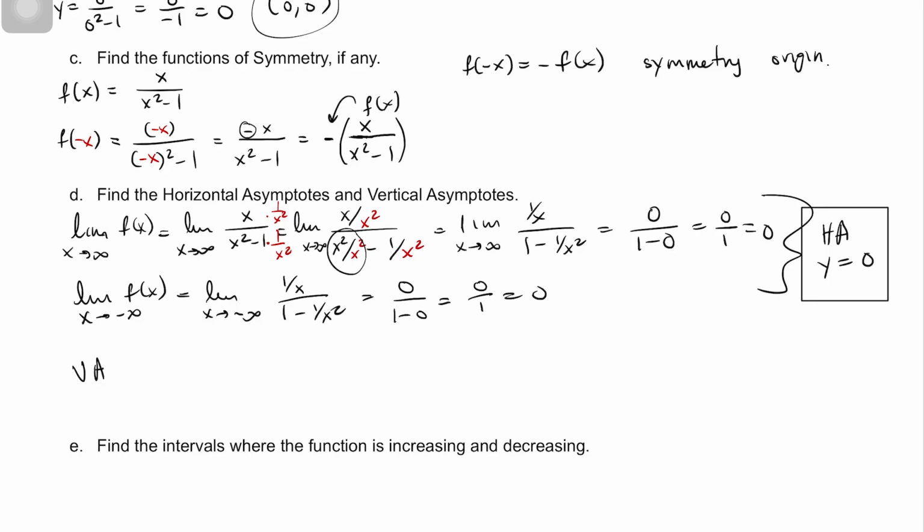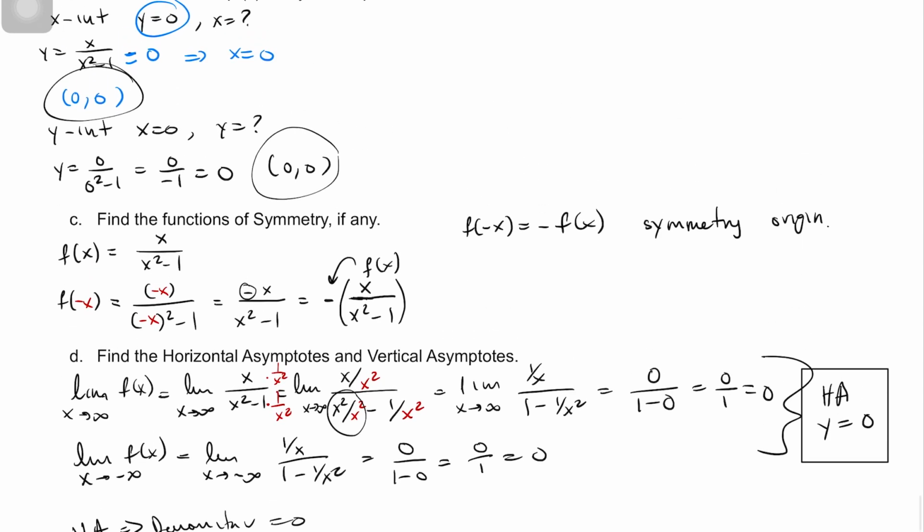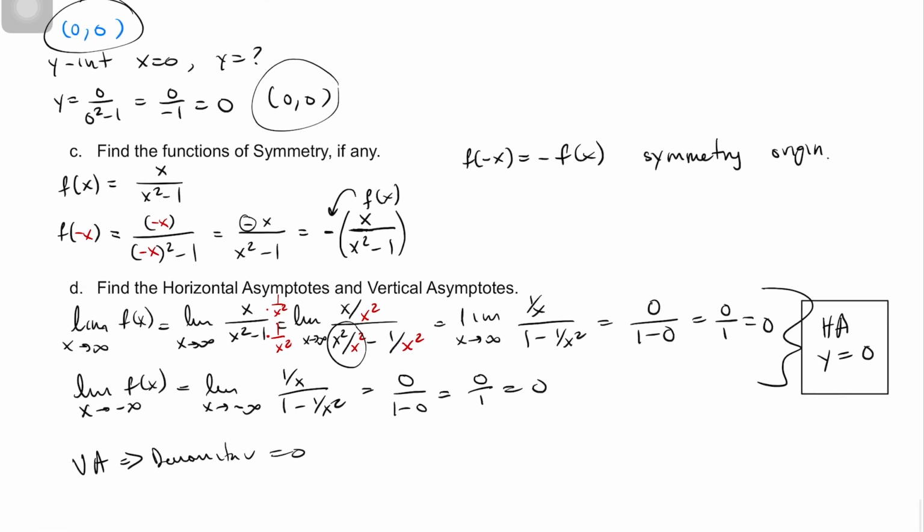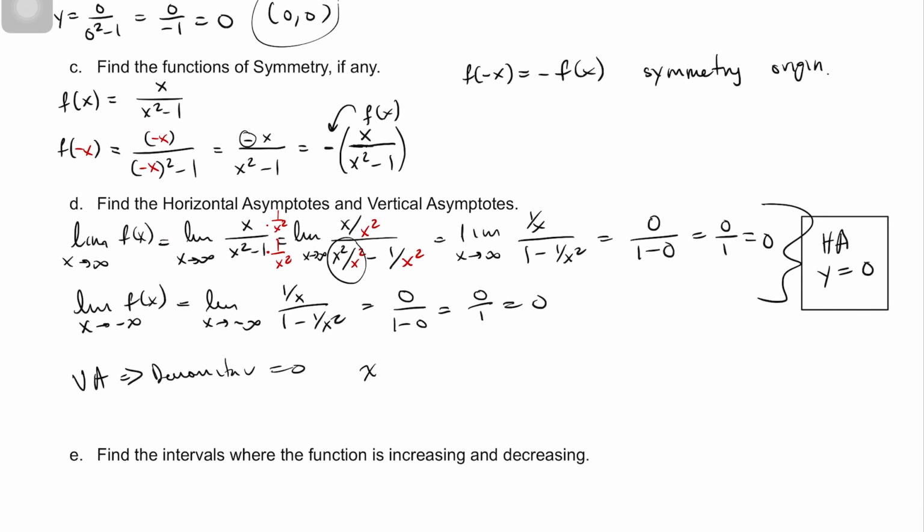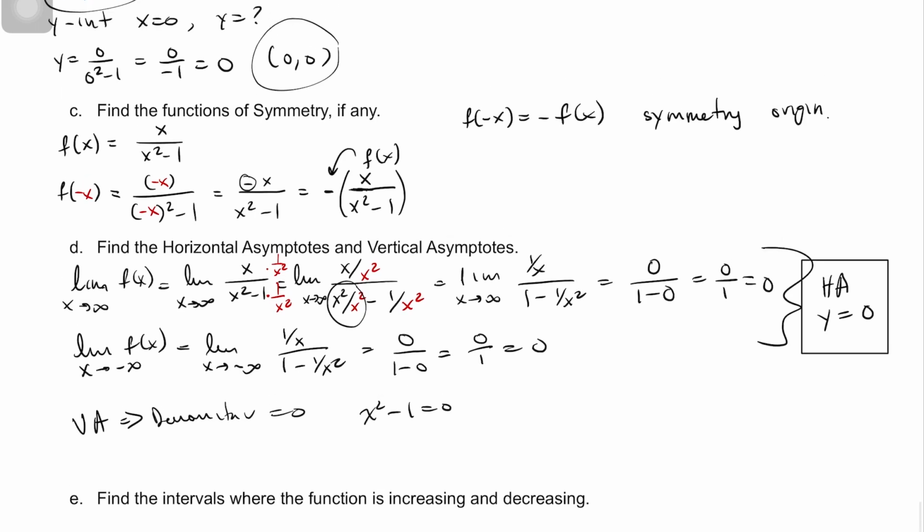For the vertical asymptote, what we're going to do is look at the denominator and set it equal to 0, right? So the denominator in this case happens to be x squared minus 1. So let's take x squared minus 1, set equal to 0. We've done this before, right?